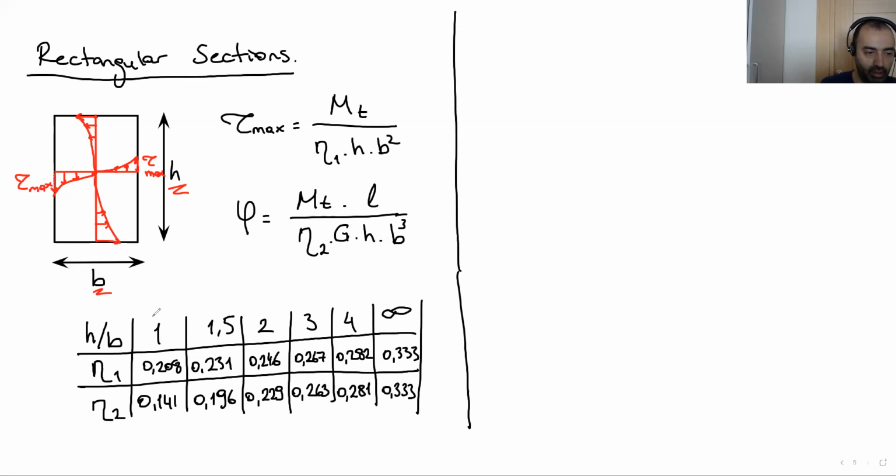But here, if the ratio of H over B is 1, this means the section is square. Okay. If you need these calculations in your professional life, yes, you can use these equations.